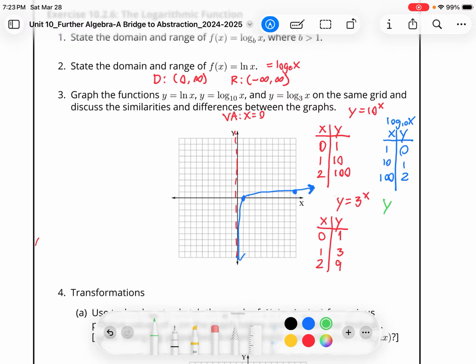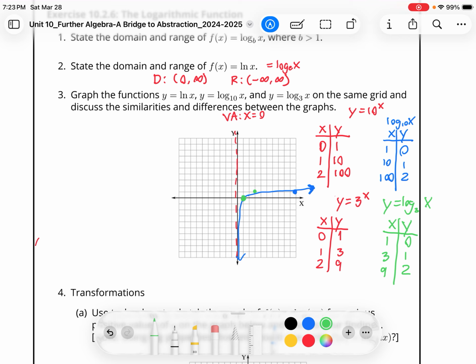And for the log base 3, I would have the same numbers, but the x's and y's would be switched. All right, so if I grab this in green, notice that I have the same point 1, 0, but then I have, let's see, 3, 1.